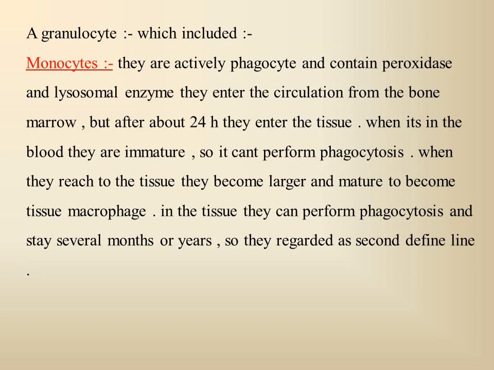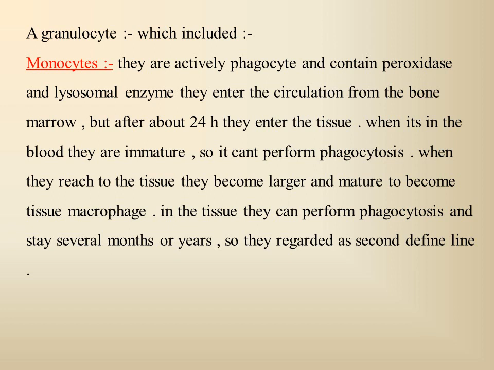But when it reaches the tissue after 24 hours, it will be mature and more powerful than the neutrophil, and it can engulf different types of foreign bodies, dead tissue, and also dead neutrophils. It is actively phagocytic and contains peroxidase and lysozyme enzymes.